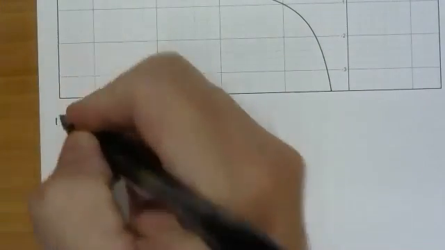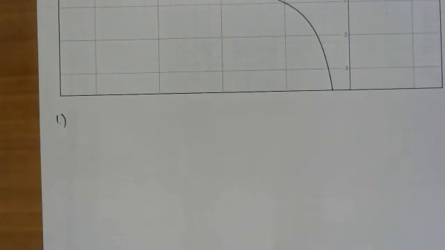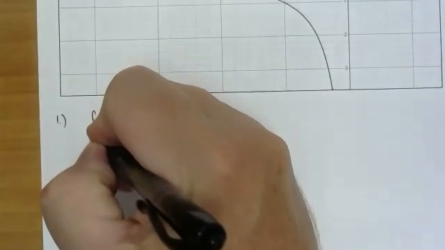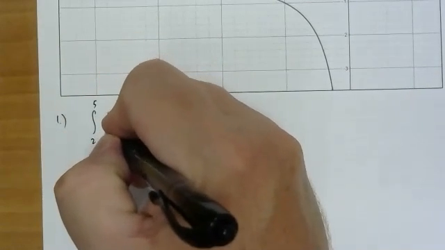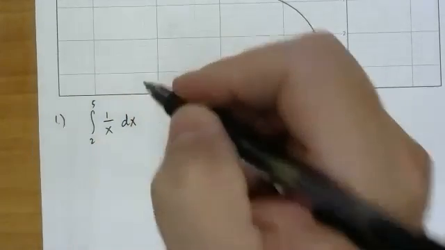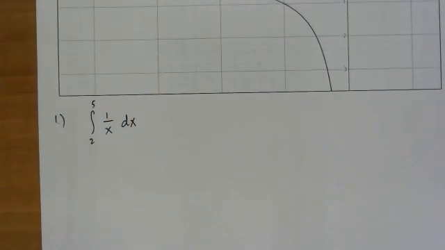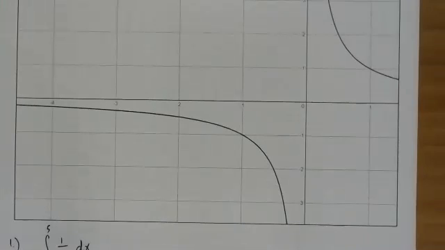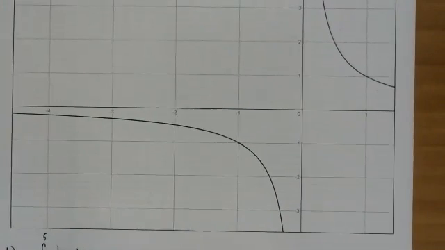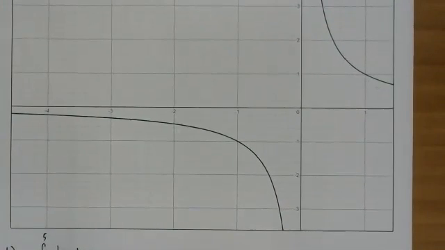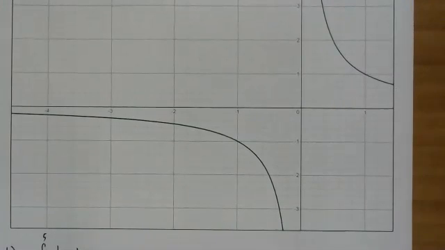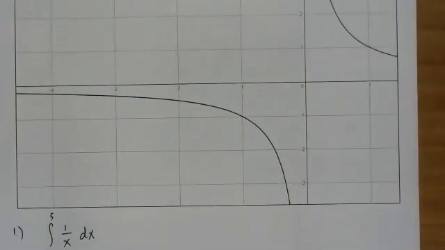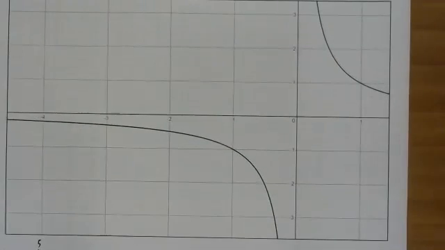So the first one I'm going to do, I want to go from 2 to 5 of 1 over x dx. Oh, you know what? I have a bad graph here, because you see here's 1, 2, and 5 is way to my right. So we can't visualize it.